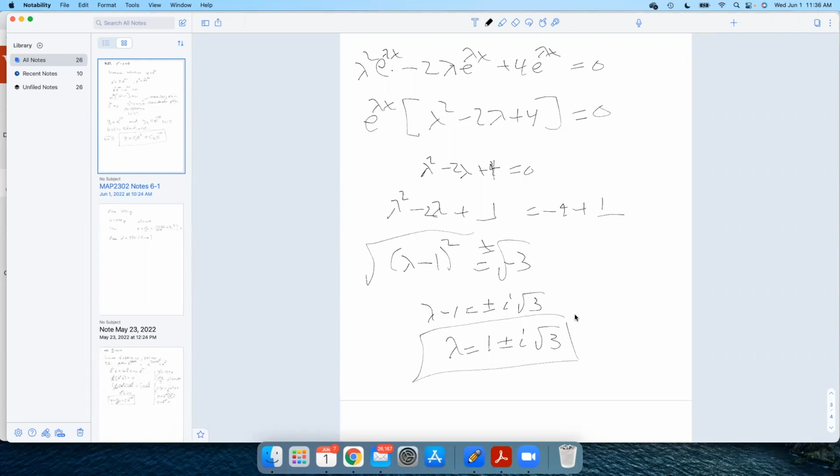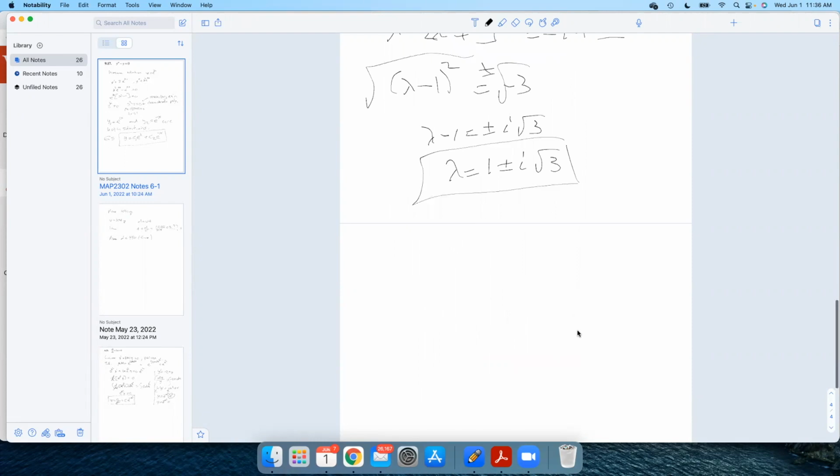And again, I could go through all the math behind the magic that's about to happen, but I'm not going to because I've already done it in one of the theory videos. If you get complex solutions, if lambda is a plus or minus bi, then your solutions are y1 equals e to the ax cosine of bx, and y2 is e to the ax sine of bx.